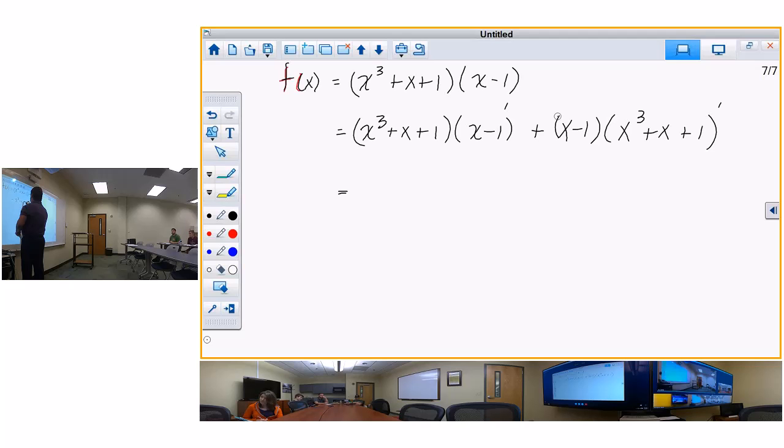Shut up. All right. So x cubed plus x plus 1 times 1. See? That's 1 right there that just went down to nothing. And then x minus 1 times 3x squared plus 1. And then you have to rely on 90% algebra.